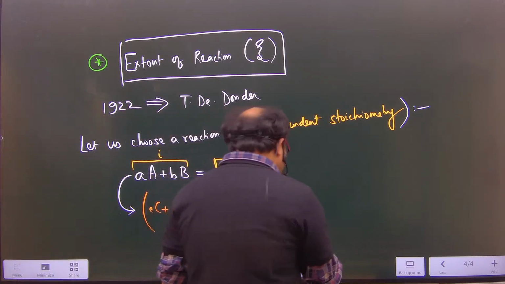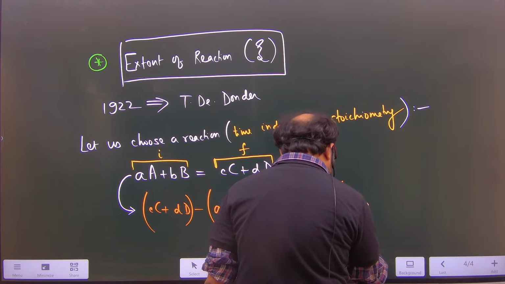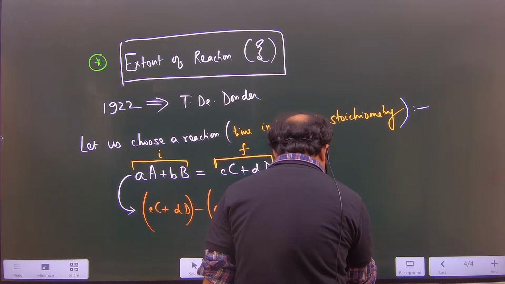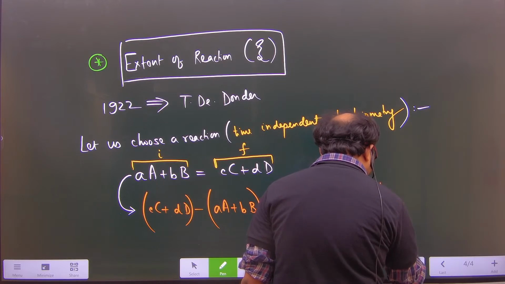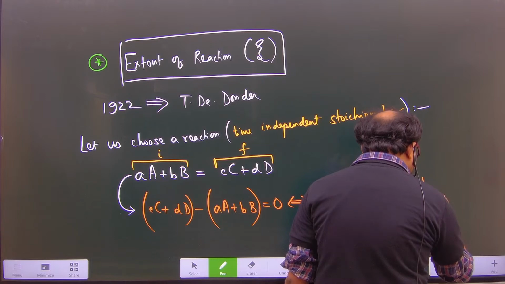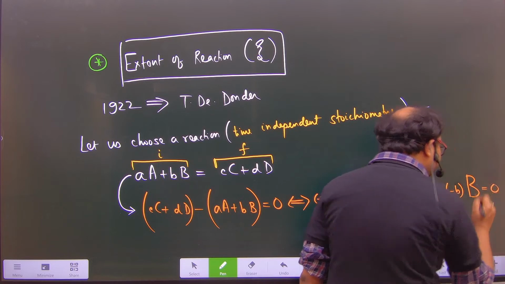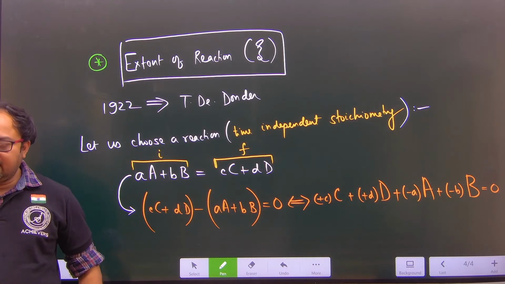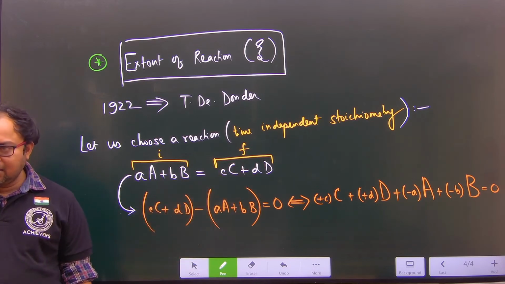One can also write this in this way, plus c capital C plus d capital D, minus a capital A minus b capital B, this is equal to 0.